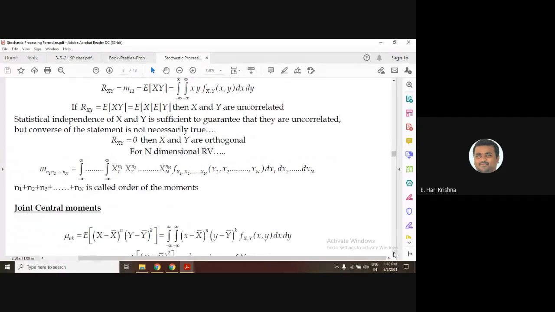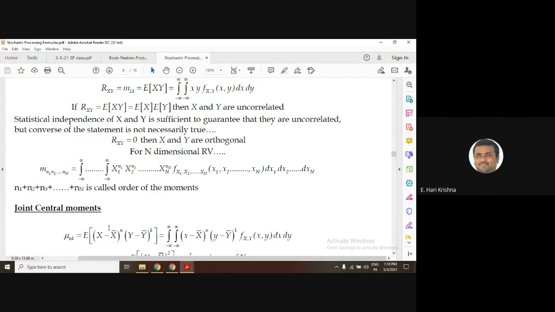Right, next one. Joint central moments. The formula looks like a big one, but conceptually it is a very simple issue. Moment about the mean: (X minus X bar) power n, (Y minus Y bar) power k.